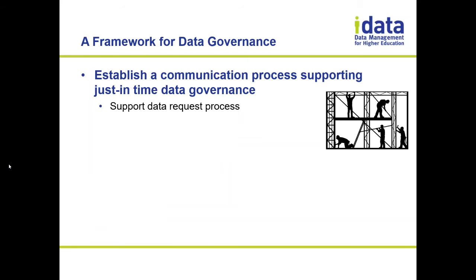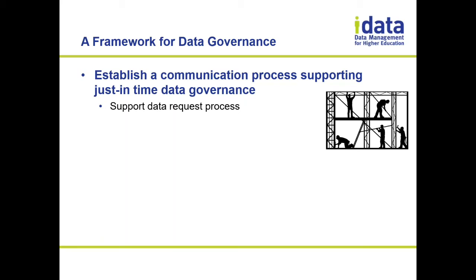Right. The last thing is to create a communication process, the last part of your framework. You've got your data stewards, you've got a repository for all the content, and now you need a communication process to support what we call just-in-time data governance. So how do people interact with this content, and with the overall process in your institution? This is a bit of an advanced thing, but it should support the data request process.